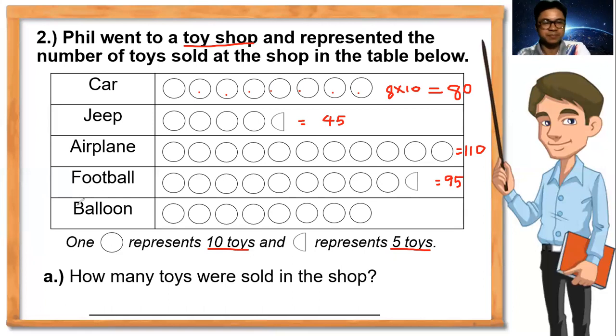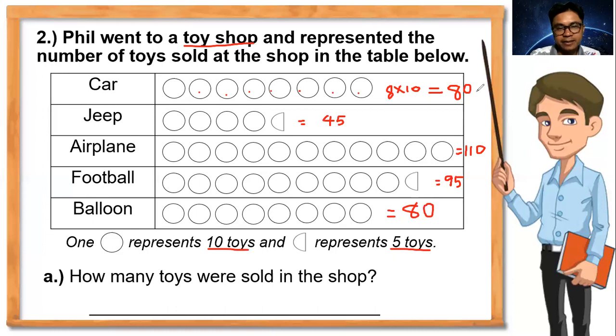Balloon: 1, 2, 3, 4, 5, 6, 7, 8. So 8 times 10, 80 balloons. So that's the number of toys sold at the shop.